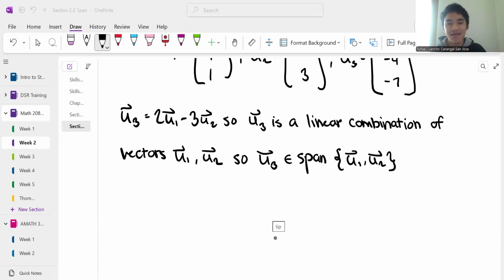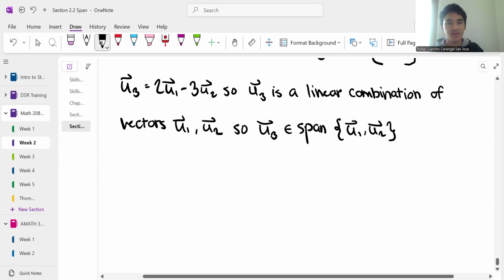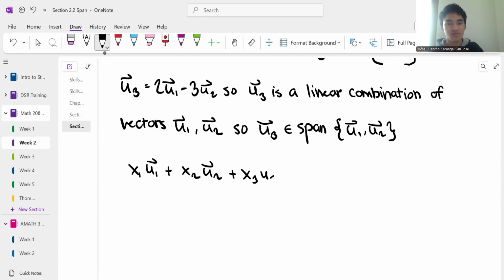Well, here's the thing. Any vector that is a linear combination of u sub 1, u sub 2, and u sub 3 can actually be expressed as a linear combination of just u sub 1 and u sub 2. So what are we saying here? Let's do it mathematically. If we do a linear combination of u sub 1, say we have x sub 1 here, the x's are scalars, plus x sub 3, u sub 3.